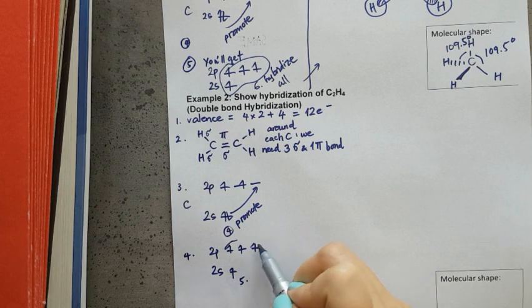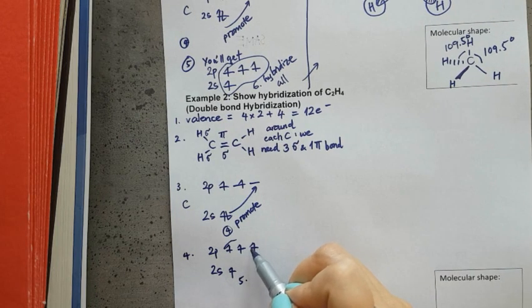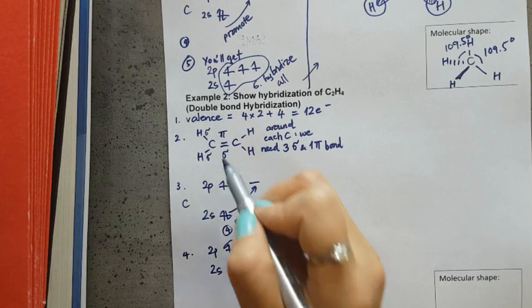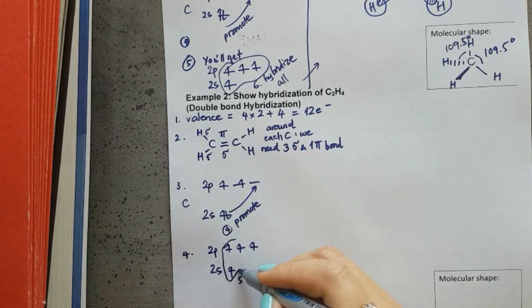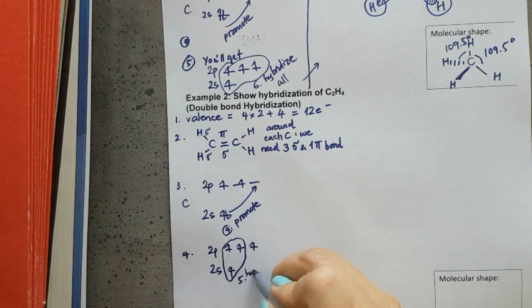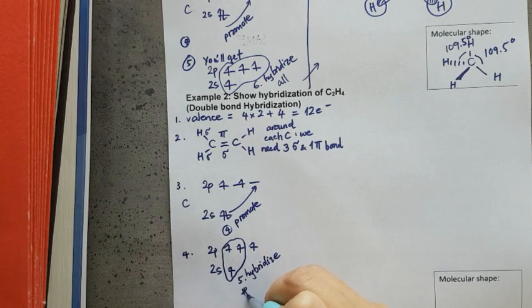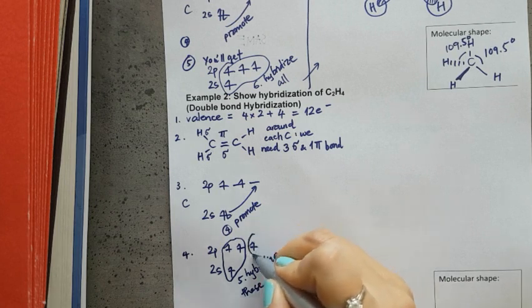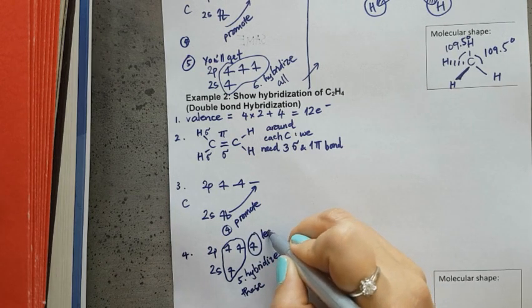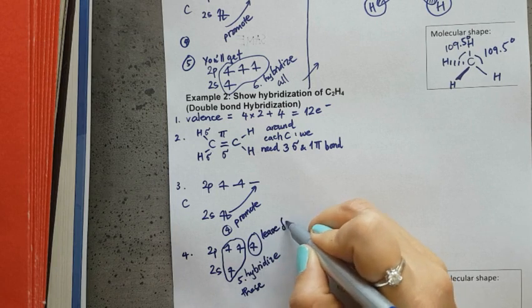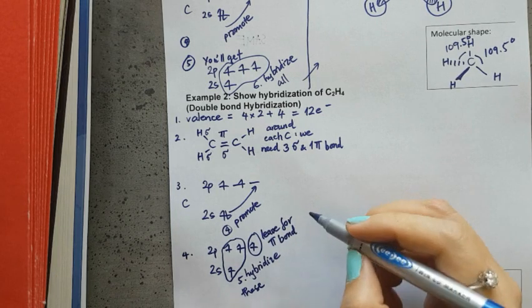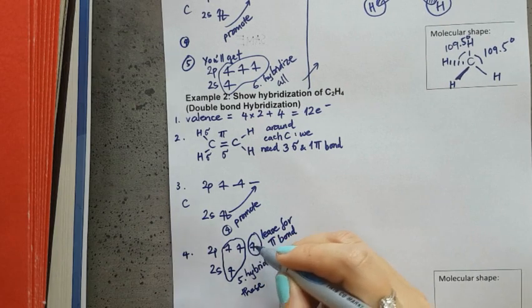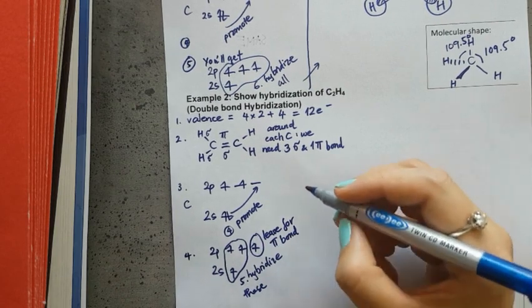Because I need to preserve one p orbital in order to form the pi bond overlap. So I'm just going to hybridize these. So I'm going to make a note and say hybridize these, right? And leave this one for pi bond overlap. In other words, please do not hybridize all of them, the p orbital, okay?